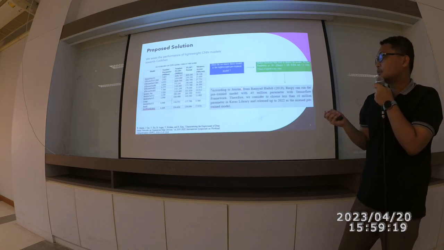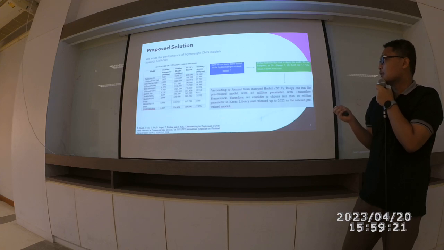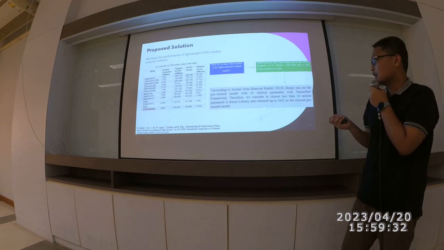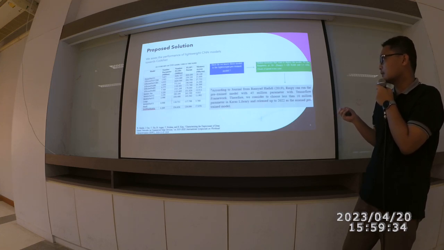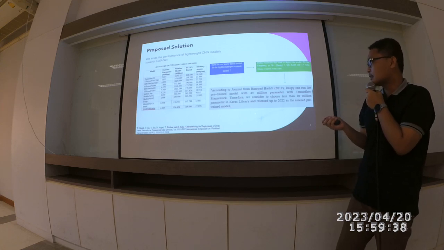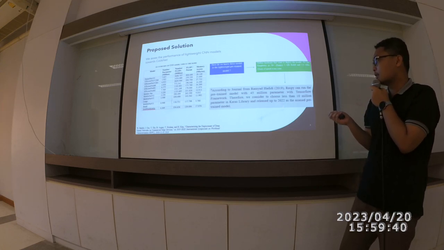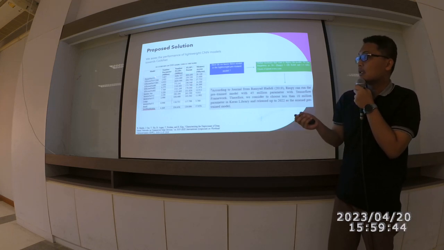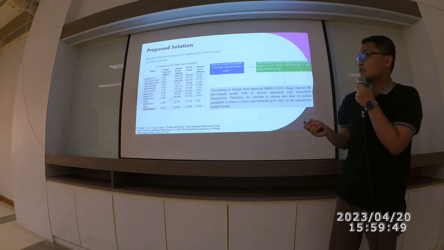According to a journal by Hamidi, Raspberry Pi can run a pretrained model with 45 million parameters with the TensorFlow framework. Therefore, we choose only models with less than 10 million parameters in the Keras library, released up to 2022, as the pretrained models. On the right side is the table of the models that I use in this paper.